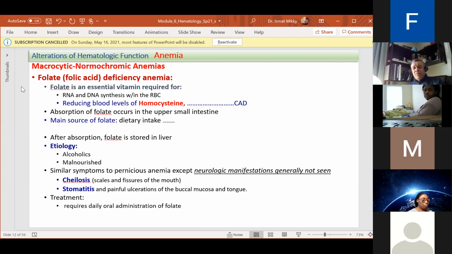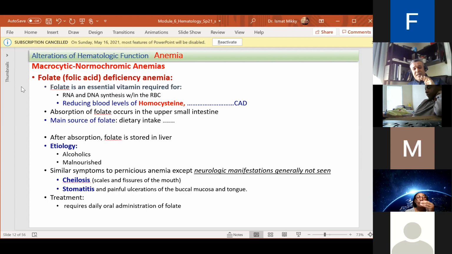It's reducing the homocysteine level in the blood, because we have seen some type of association recently between the elevated level of homocysteine and the development of, or risk factor for the development of, coronary artery disease, CAD. So patients with high homocysteine level tend to be at high risk to develop CAD.